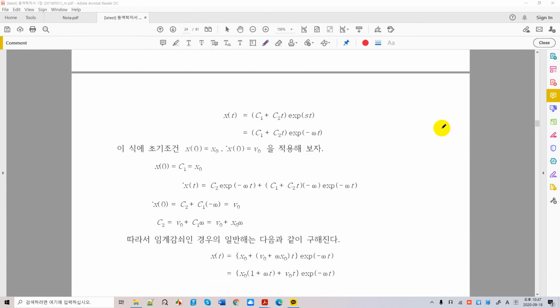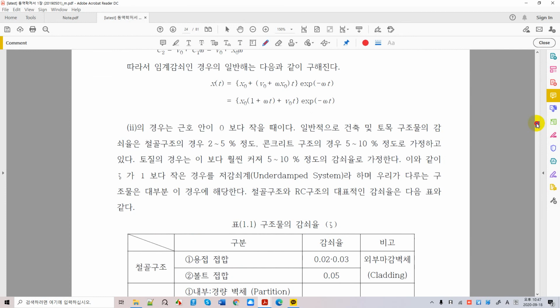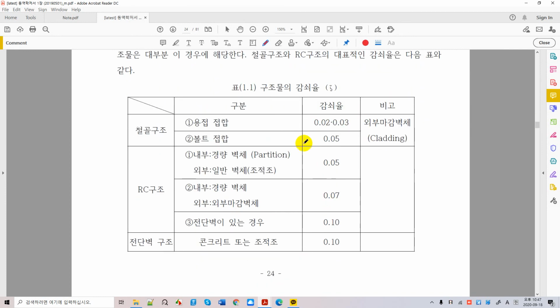Okay, here we have a damping table, and the damping changes depending on the type of structure. So you have steel buildings, the damping ratio is going to be between 2% and 3% for welded, and you have 5% for bolted.